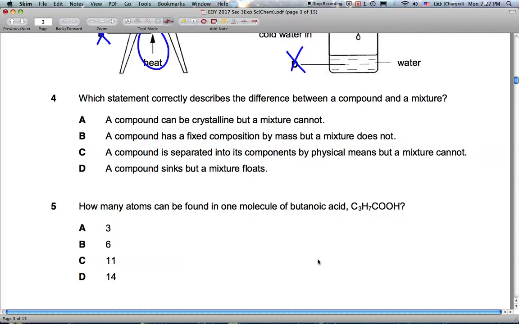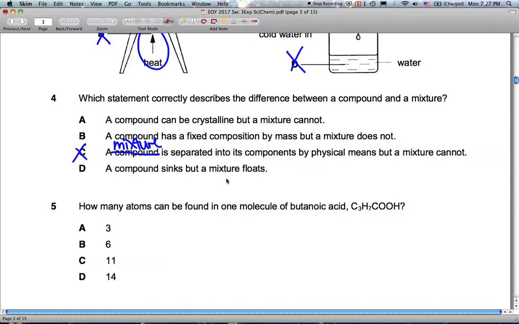So this is possible. This is quite close to what we have learned before. Option C, a compound is separated into its components by physical means, but a mixture cannot. So in this case, it is the mixture which can be separated by physical means, not a compound. So C is out.